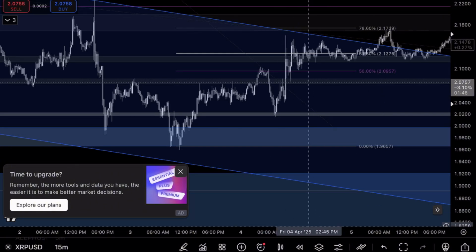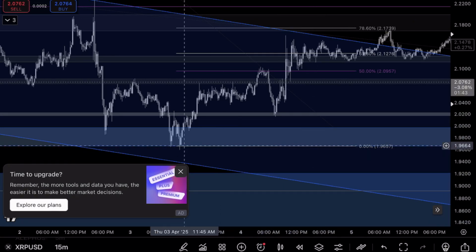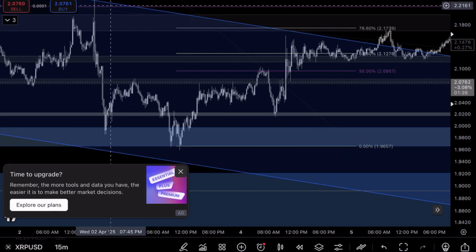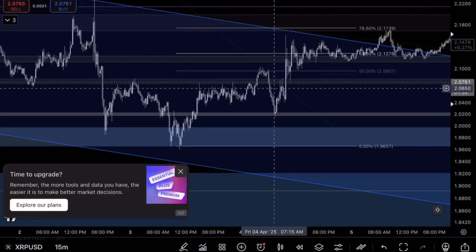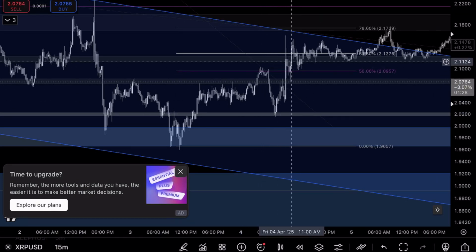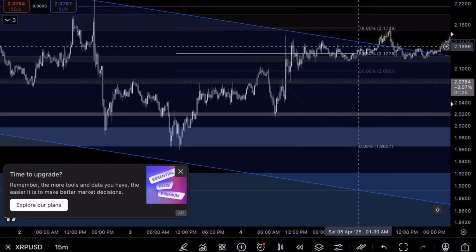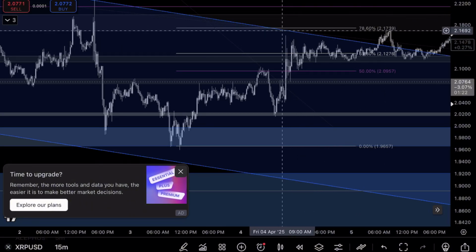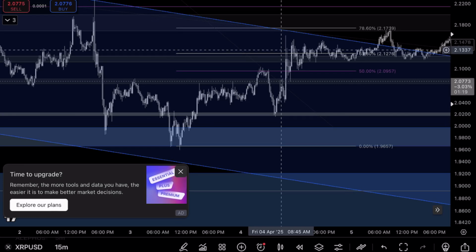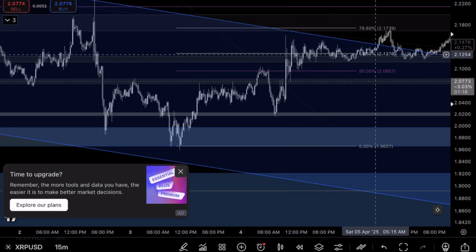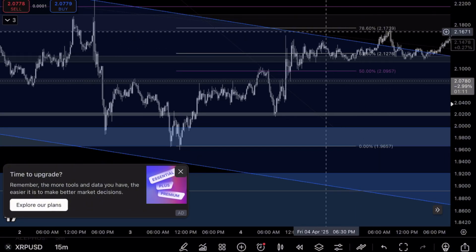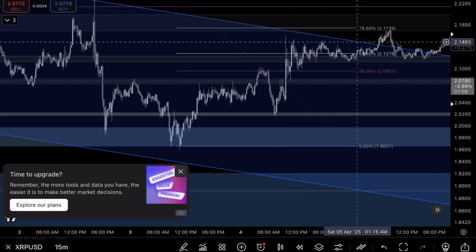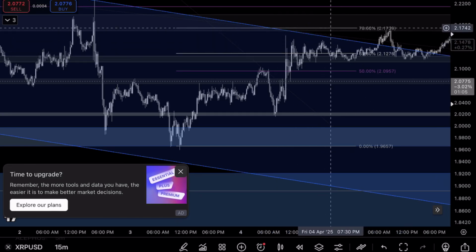If you look at it from a fib standpoint, the fib started up here and came down to here. The 50% level is right here. It hit that, came back down, hit the support, and then started making its way back up. I was trying to aim for in between the 78 and the 61, so I put a limit order for anything above 2.1276, which is right at the 61% level, hitting both the 61 and the 78%.